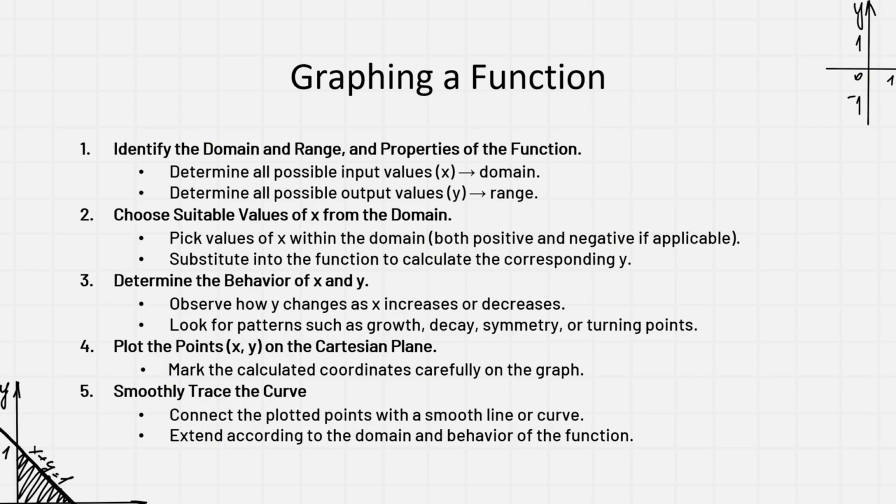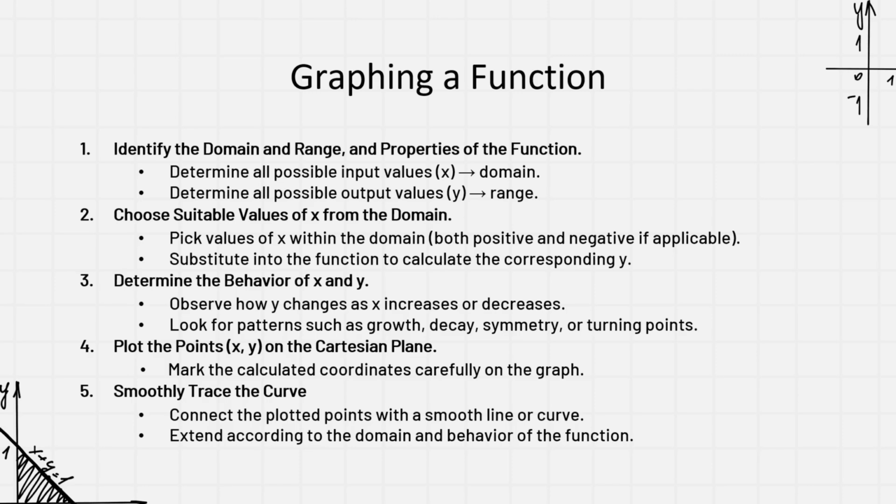Those x values will be substituted in your given function so that you can get the corresponding y. Let's say you have x sub 1, substituted in your function, and that will give you y sub 1. x sub 2, y sub 2. x sub 3, y sub 3.